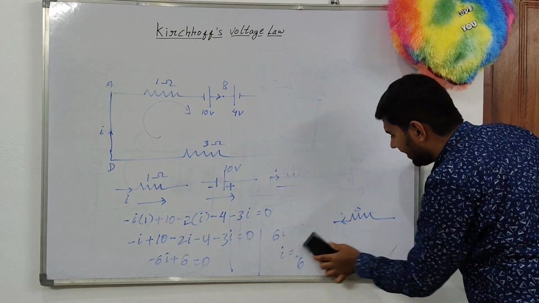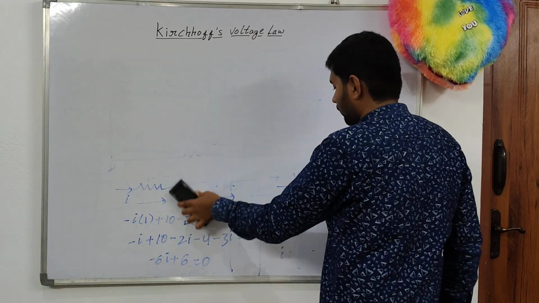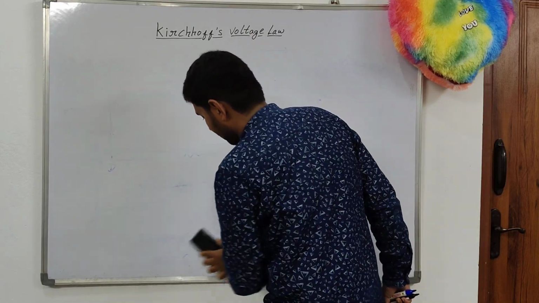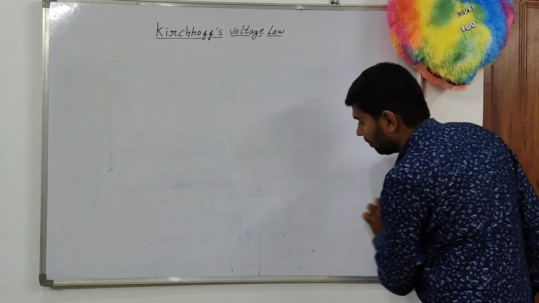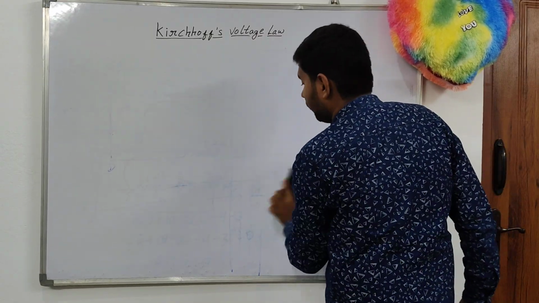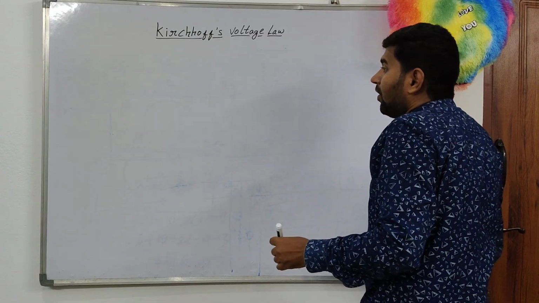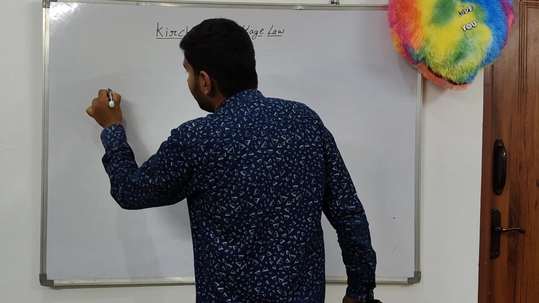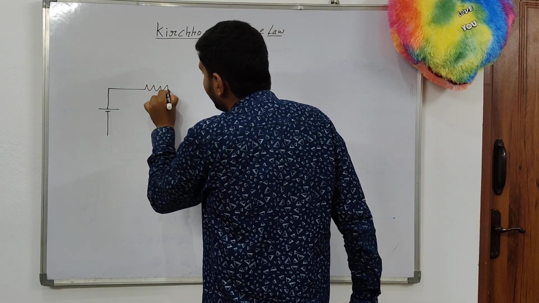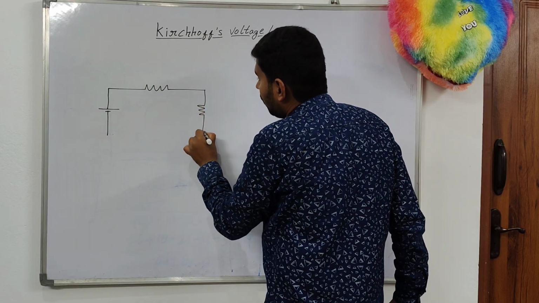For better understanding, I will explain one more circuit. I'll take one more circuit, and this is the cell, one resistor, one more resistor.